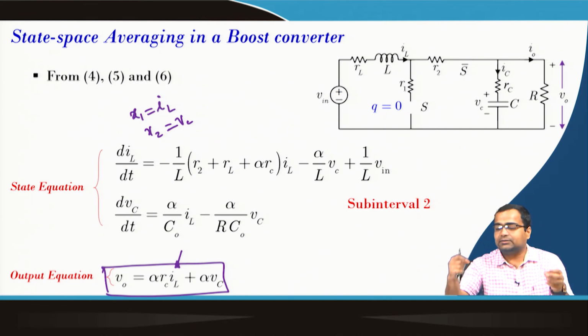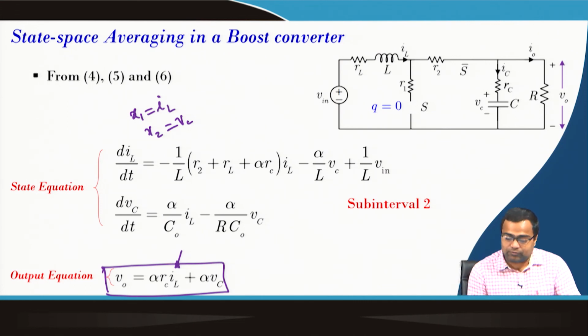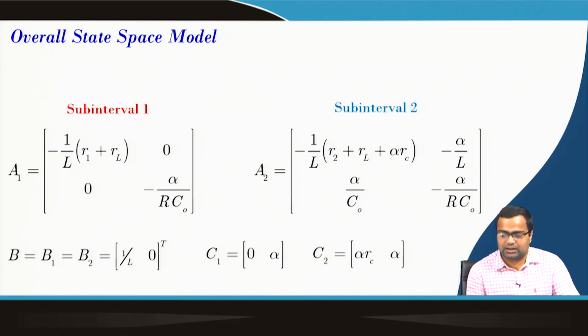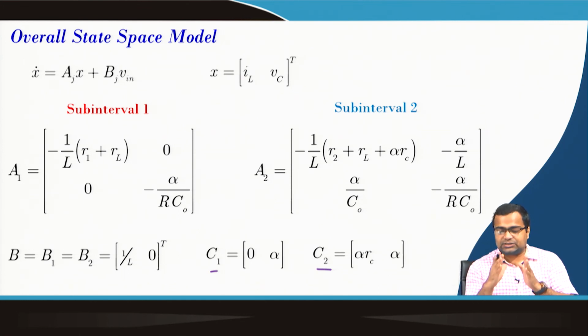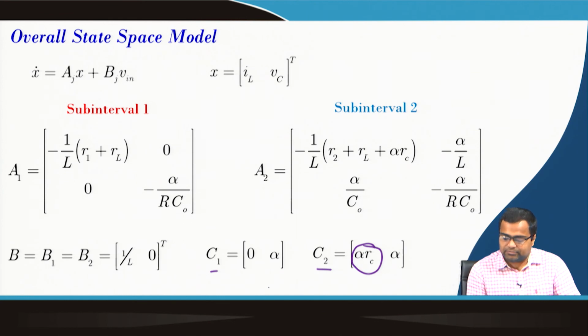So, as a result, if you see the output voltage dynamics, C1 and C2 are different, and as a result at each switching, whenever the switch changes its state, there will be a discrete jump, because there will be a term which is alpha RC into x1, and x1 is nothing but alpha RC into IL.